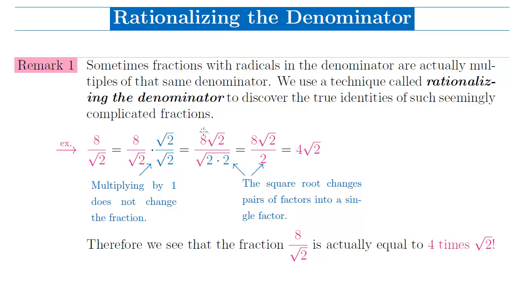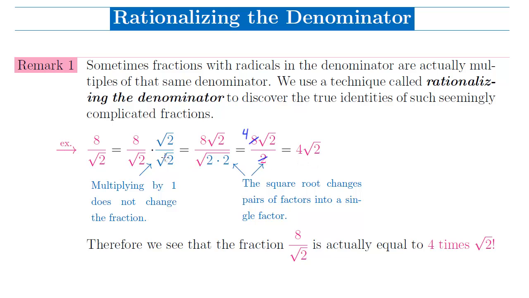On top, the 8 times root 2 just stays 8 root 2, but then the 8 and the 2 reduce, giving you 4. So altogether, 8 over root 2 is just 4 root 2.